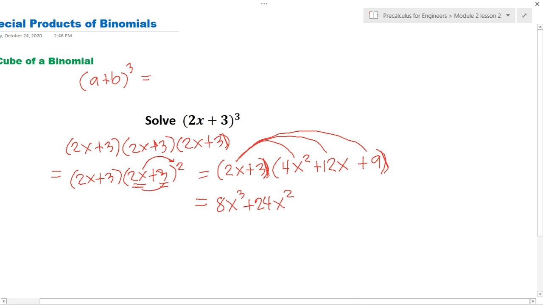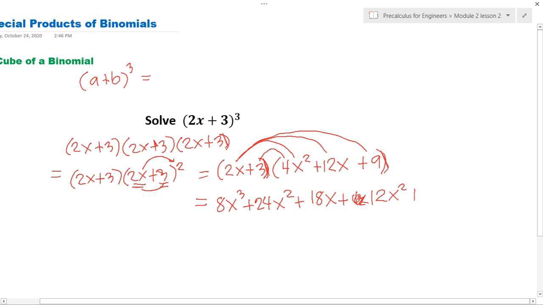How about 2x times positive 9? So you have positive 18x. Then 3 times 4x squared, you have plus 12, okay, sorry. You have plus 12x squared para dito.